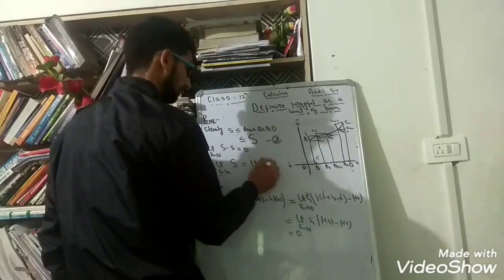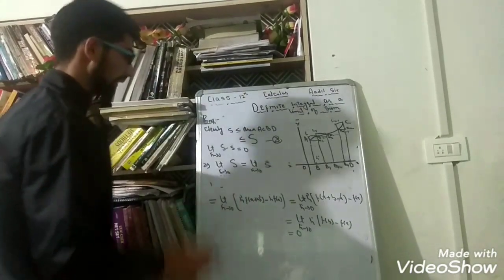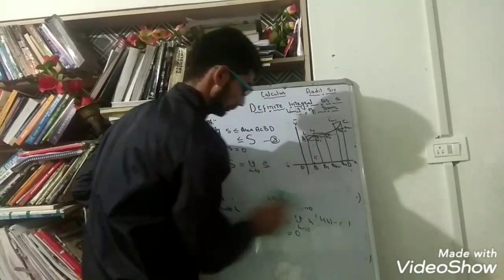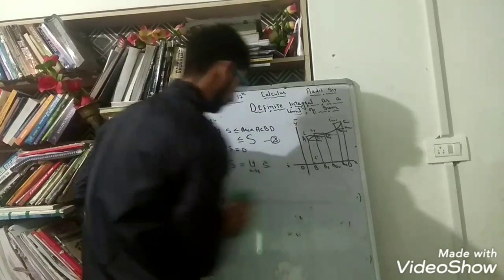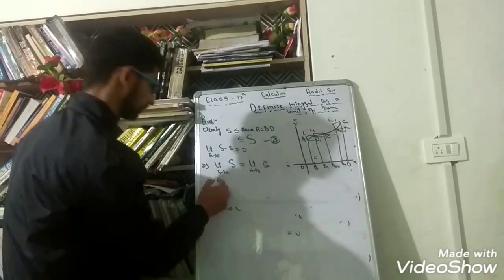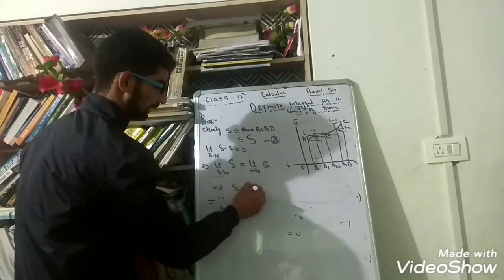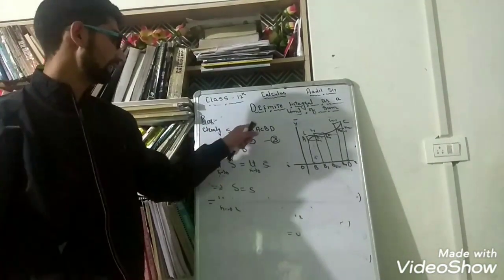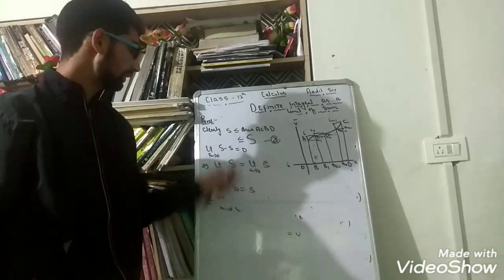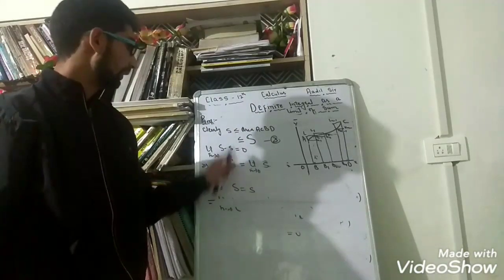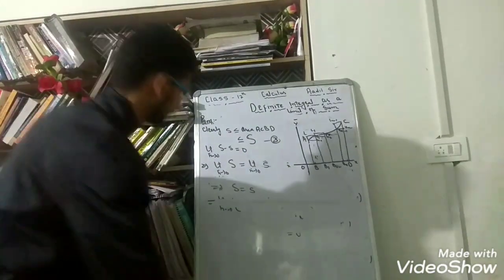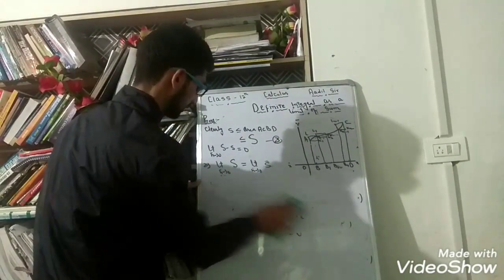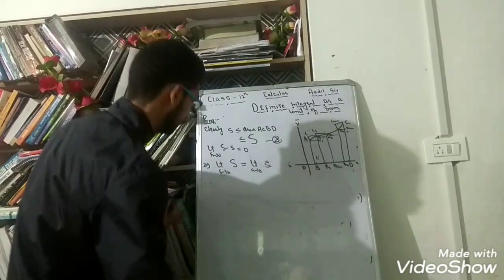So now this S is equal to this s. But by the first condition, we have small s less than this area less than capital S. So that means it is possible only when this limit turns to 0. So I will now apply in our third condition, h tends to 0.